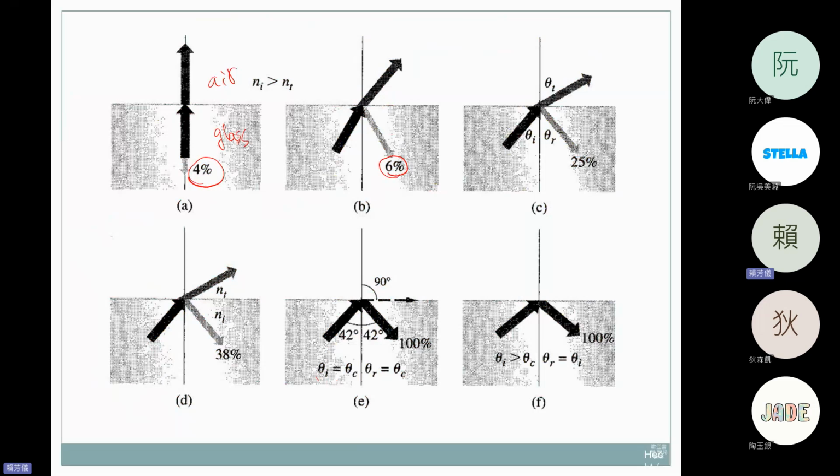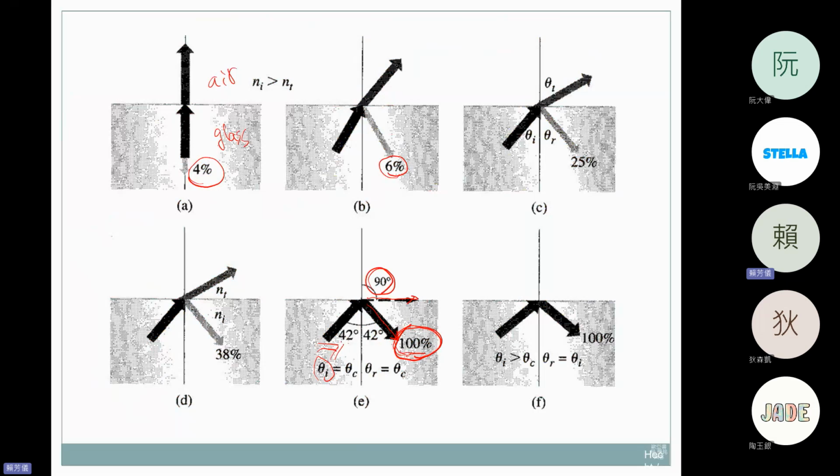When the incident angle equals 42 degrees, the transmission angle will become 90 degrees. When we measure the power of the reflected light, we see it actually reaches 100% compared with the incident light.